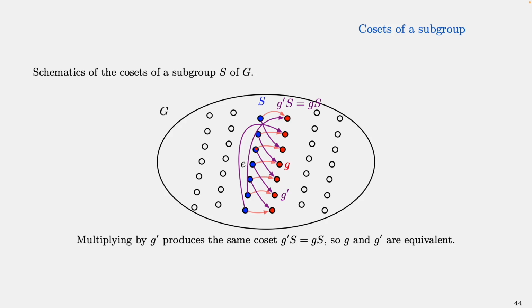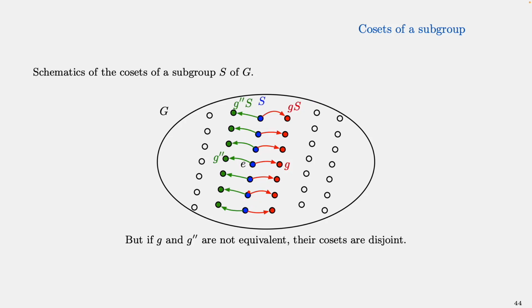But of course here every element of S might be mapped to a different element than we would map it to if we multiply by G. G and G prime are related by some element s, so this would correspond to multiplication of e with some element s from the subgroup S, and G and G prime being both contained in the same coset means they are related by such an element little s from the subgroup S. And here we have the situation that we have elements G and G prime that are not equivalent, and so they produce disjoint cosets. There's no intersection between the green ones and the red ones here.